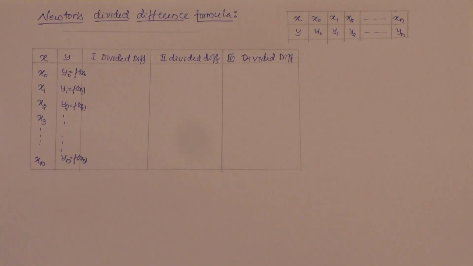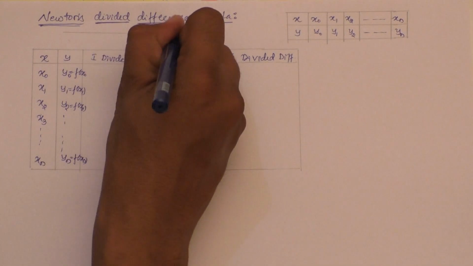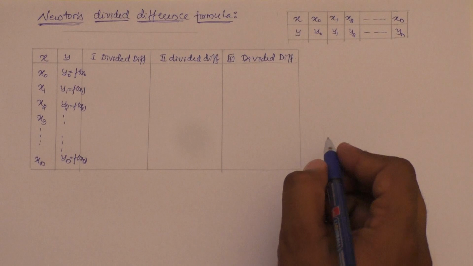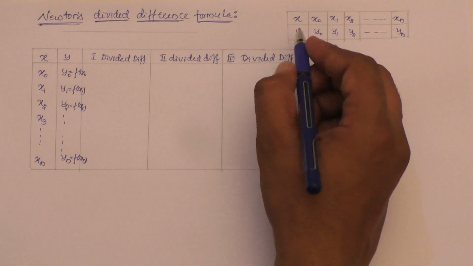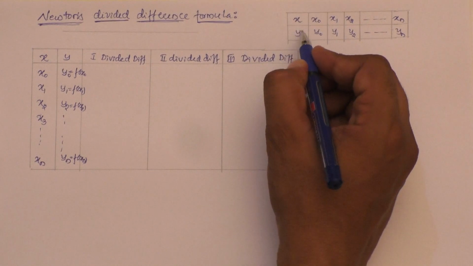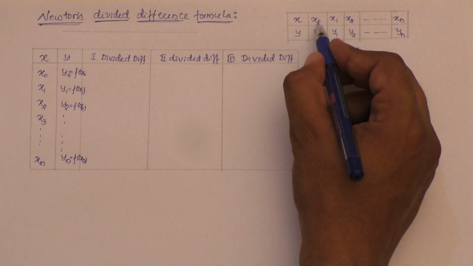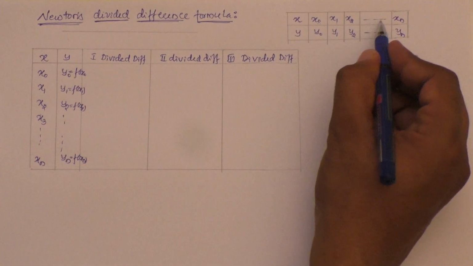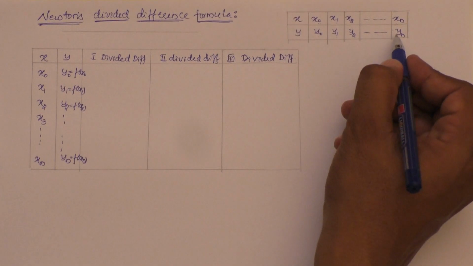Now let us understand how to write the formula for Newton's divided difference formula. In this case also, x and corresponding y values will be given. The x values are x0, x1, x2, and so on up to xn, and the corresponding y values are y0, y1, y2, and so on up to yn.